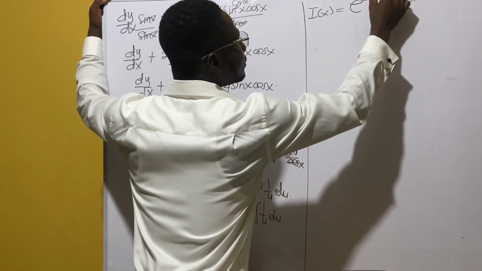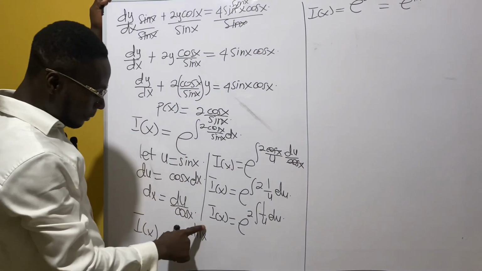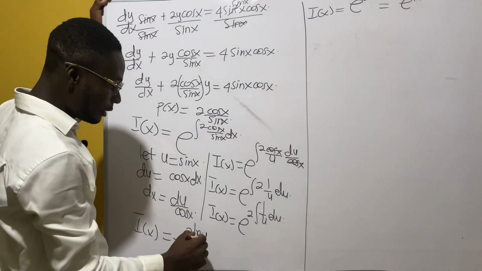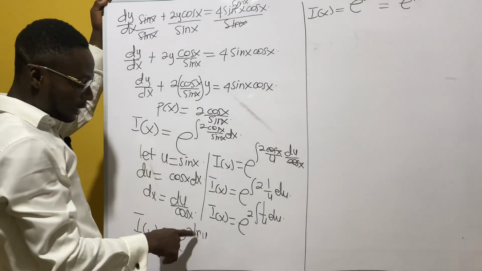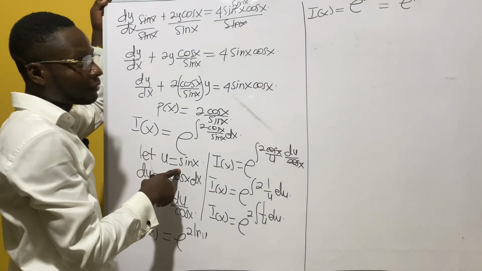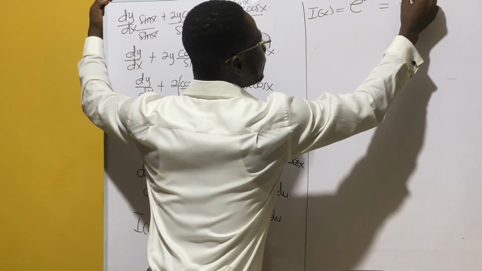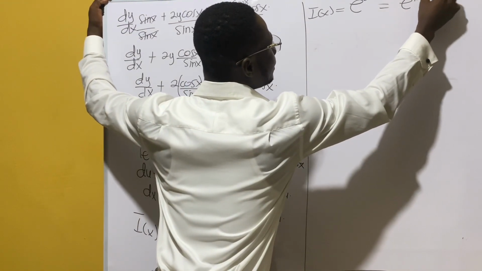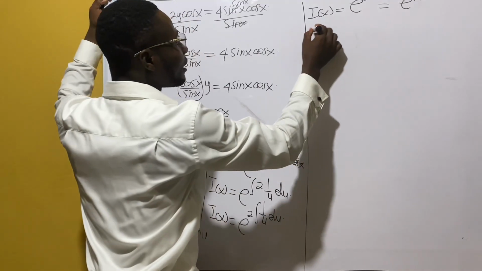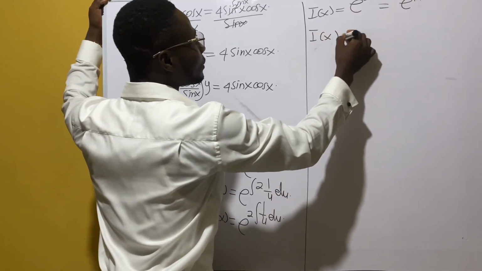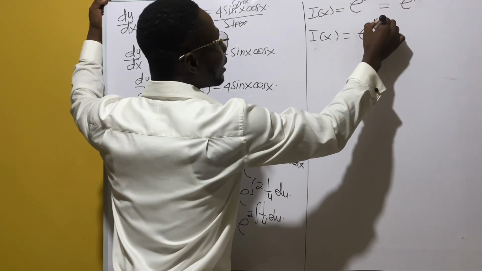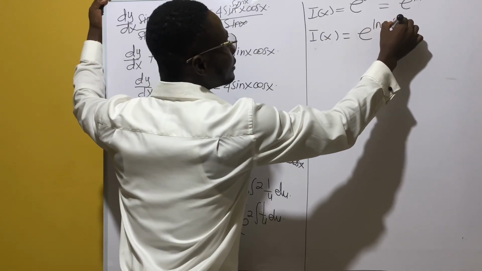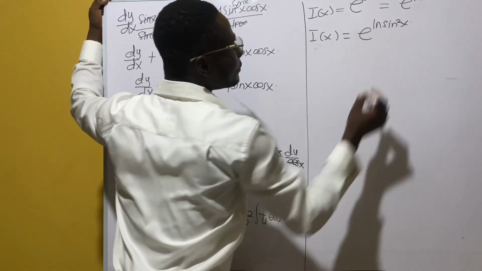Of course, e power ln u, right? Because we said that u should be equal to sine x. So we have ln sine x, right? So we have I of x is equal to e power ln sine squared x.